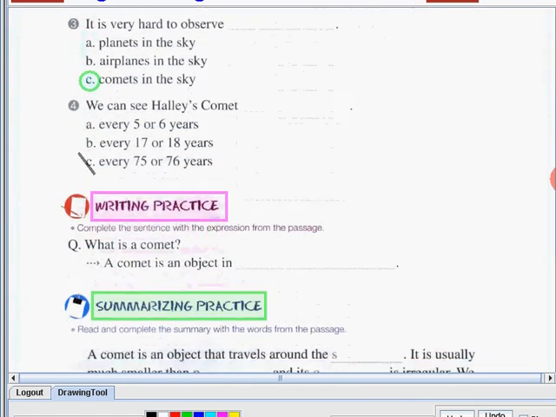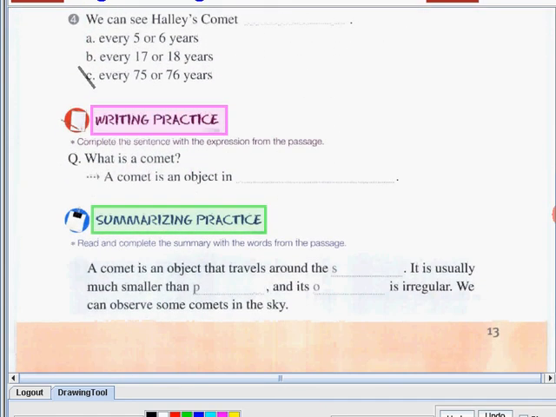So now, let's proceed to the second one, which is the writing practice. Okay, so we are going to complete the sentence with the expression from the passage. Alright, so let's begin now. The question is, what is a comet?